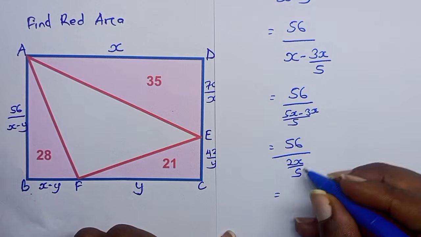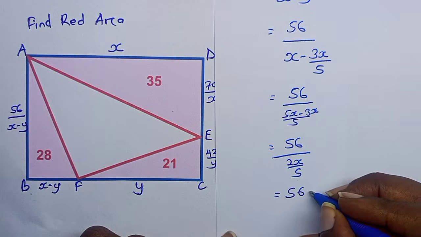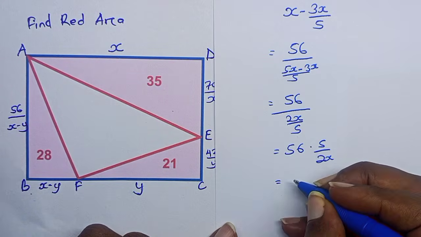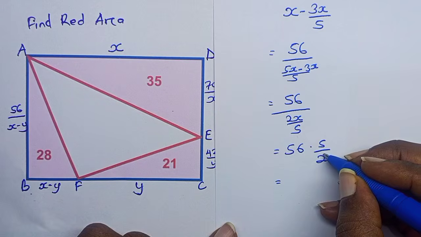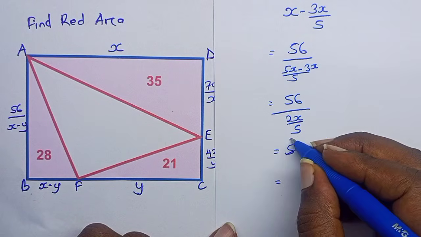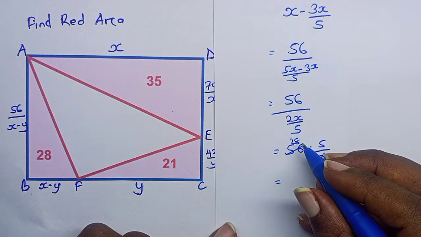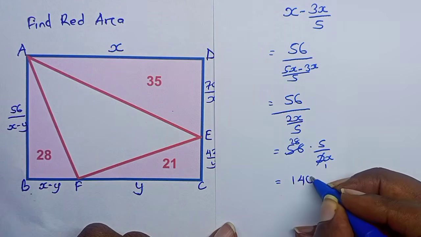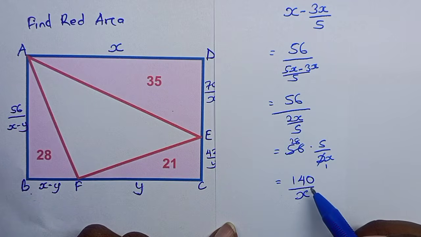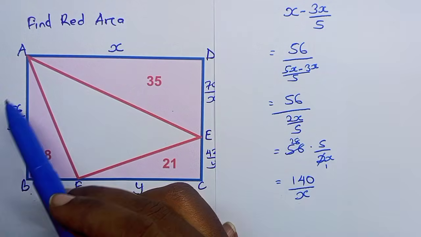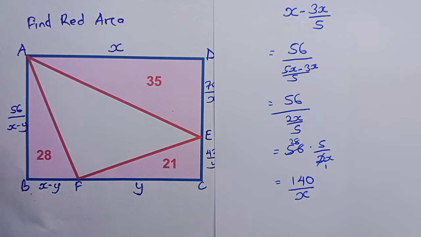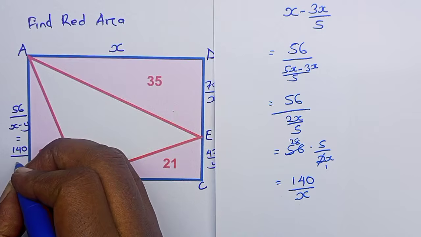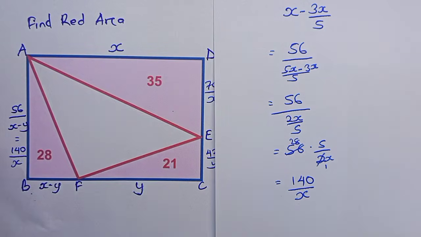So here, multiply and find the reciprocal. So 56 times 5 over 2x. 2 goes into 56 28 times. So 28 times 5 is 140. So 140 over x. So this side is the same as 140 over x.